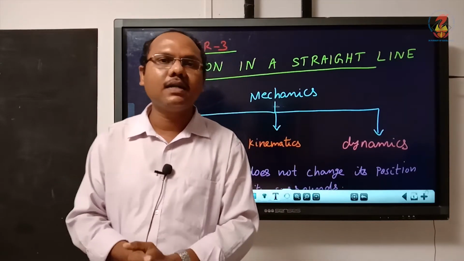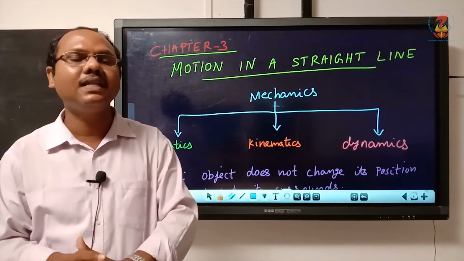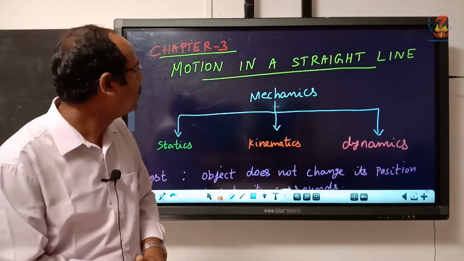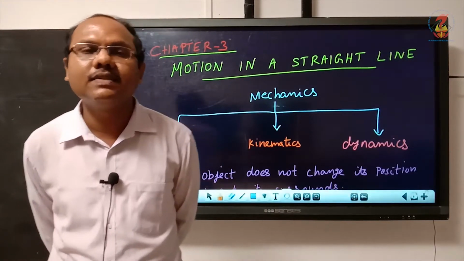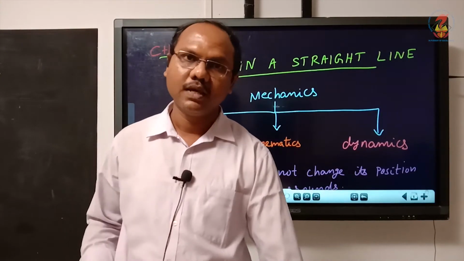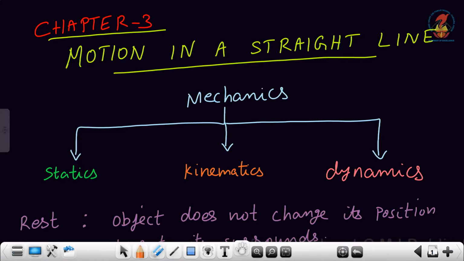So this chapter mainly deals with the motion and rest of the object in a straight line. As I told, mechanics is the branch of physics which deals with the study of rest or motion. Mechanics is divided into three parts: statics, kinematics, dynamics.